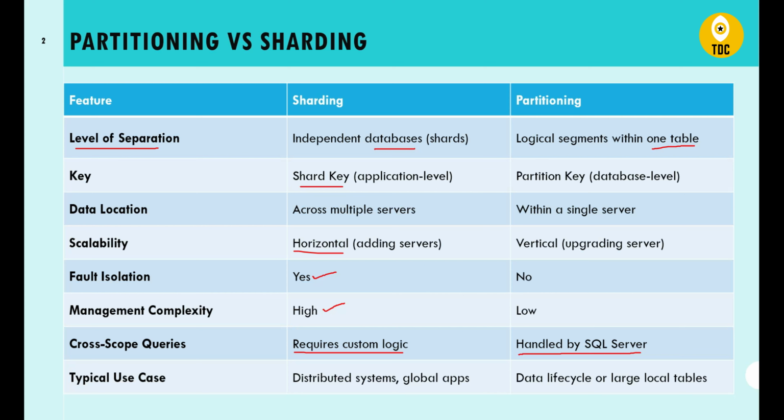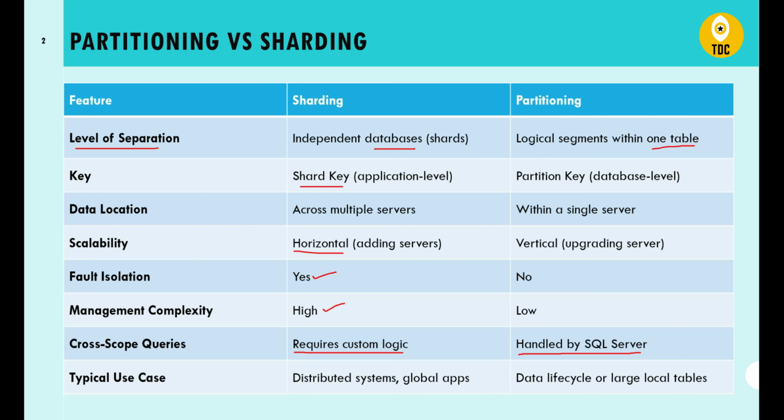So, typical use case. Then when to use which, right? Partitioning is mostly used in most of the use cases, where you have large local tables and a data life cycle. That means you have transaction data, with inserts and updates every day.